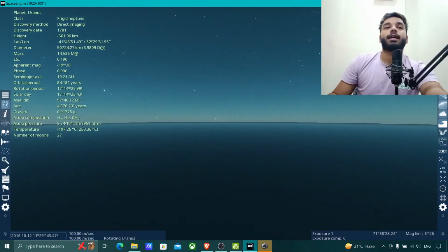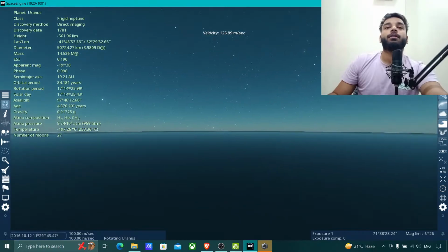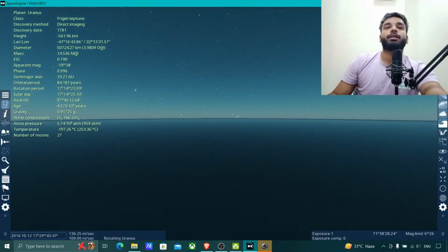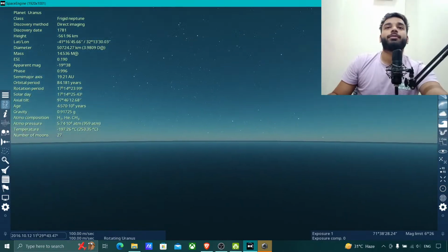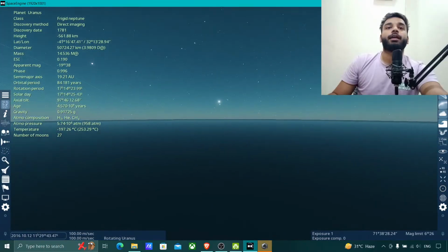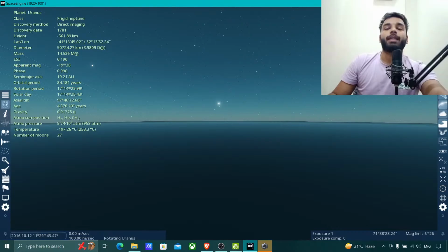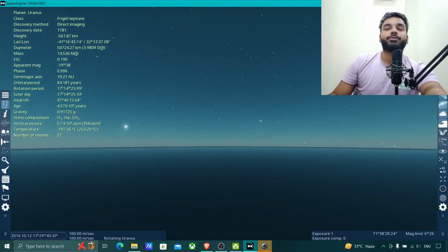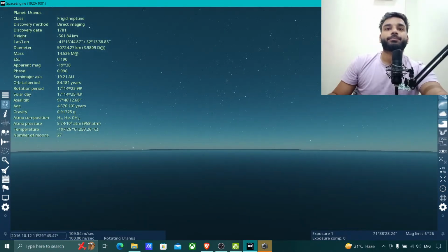So yeah, this is that. Most of Uranus looks like this only. If we add some clouds to it, and if we add some temperature, basic elements of the planet, then also we won't be able to find much of the interesting things that will be happening on the planet. So yeah, that's that.